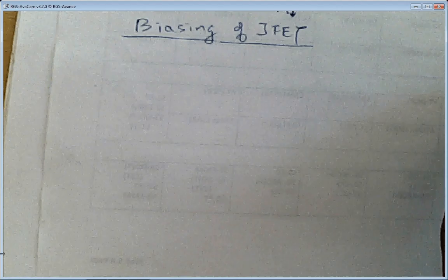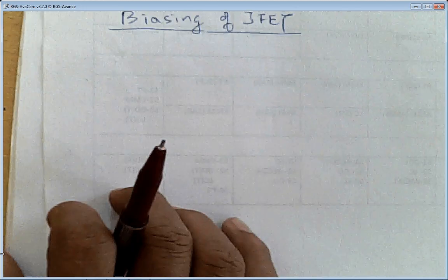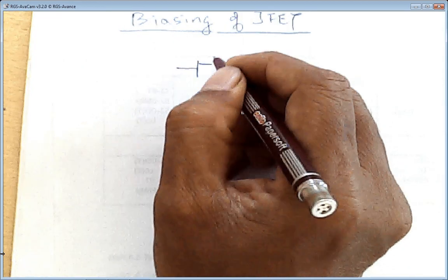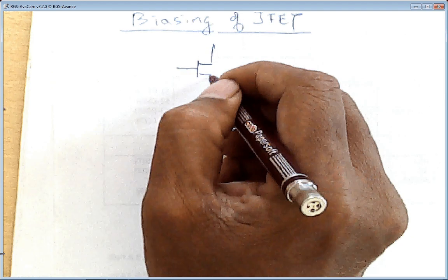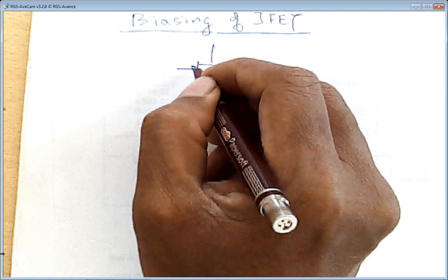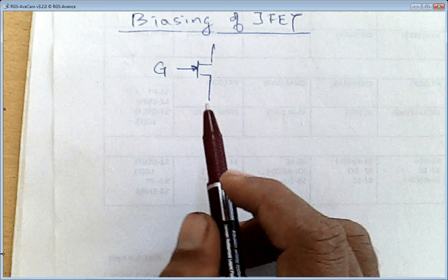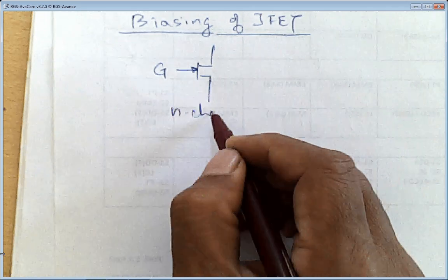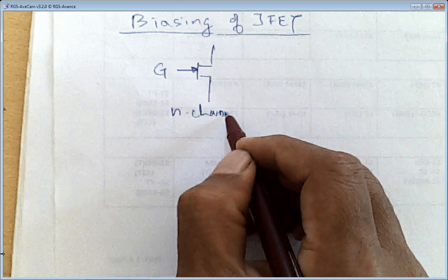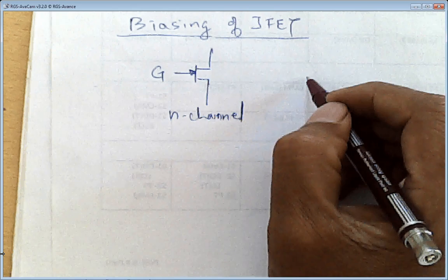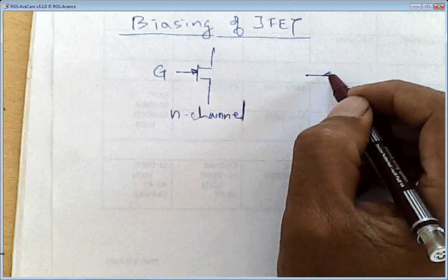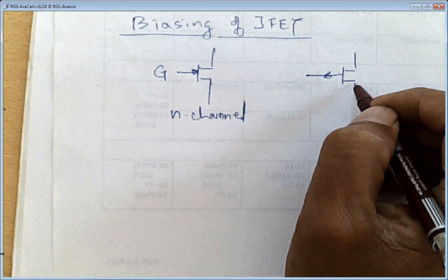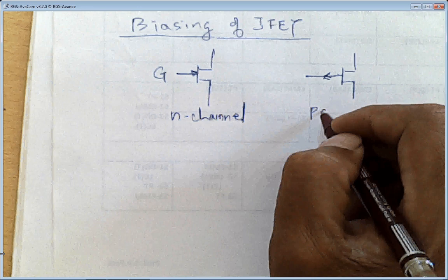So first thing is that we'll give the symbol for the FET, which looks like this. Normally the arrow is shown at the gate terminal. If it is going inside, we call it an N channel JFET, whereas if the arrow goes outside, we call it a P channel JFET.